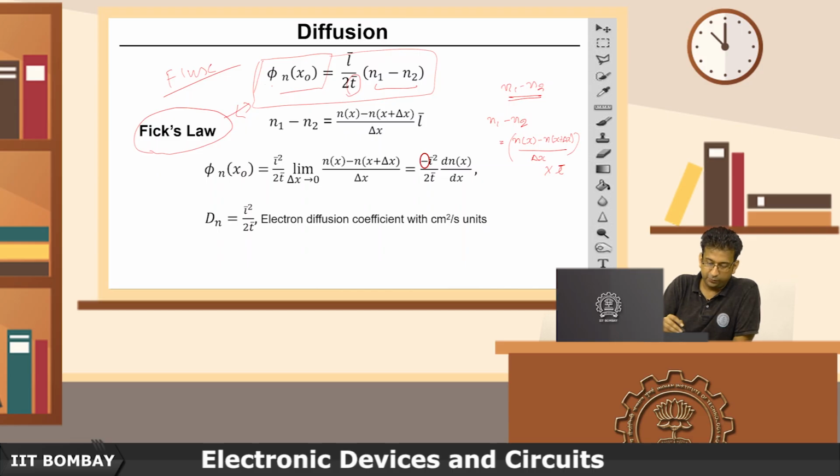So it is the rate of change along the x-axis multiplied by L bar, the difference in concentration over a distance of L bar. It can be written as dN by dx into L bar, assuming delta x is very small, in the limit of delta x tending to 0.